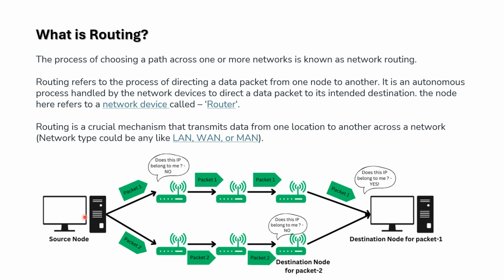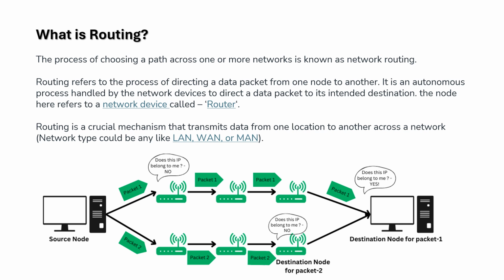Here, the data packet is passed to the nearest router, and it passes to other routers and goes to the destination. This process of passing data packets from source to destination between multiple routers is routing.